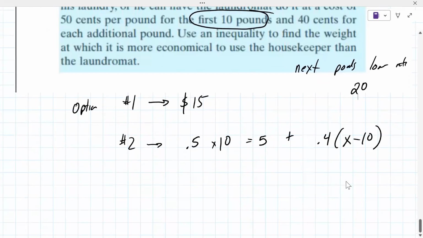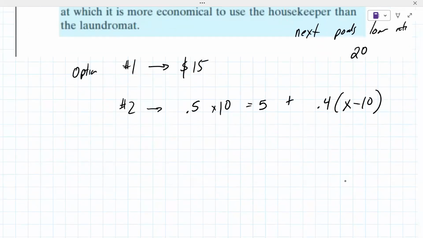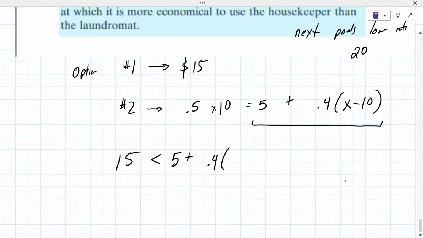So I know that this maybe isn't clear, but we'll try to just work through it anyway. We want to know when $15 is lower than 5 plus 0.4 times (x minus 10).